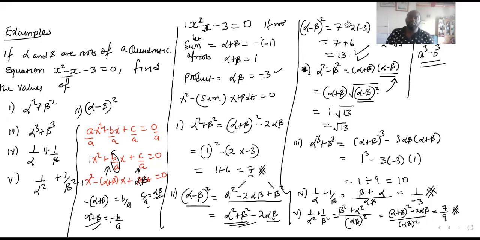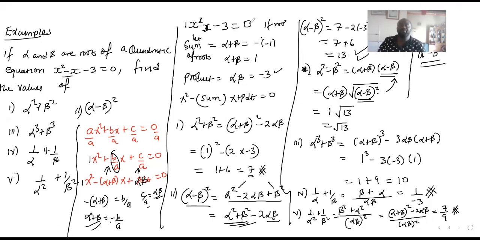So, if you've taken a screenshot, yes, Swali. Yes, teacher. Swali, your hand is up. Yes, sir. Now, on part 3, there is alpha cubed plus beta cubed. I would like to know how you expanded it.